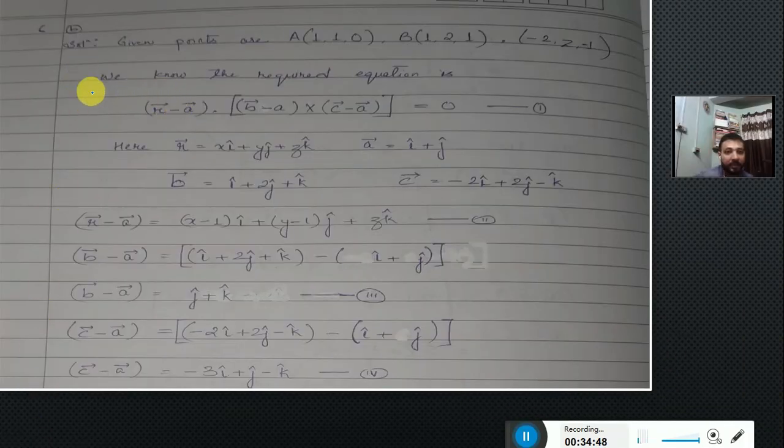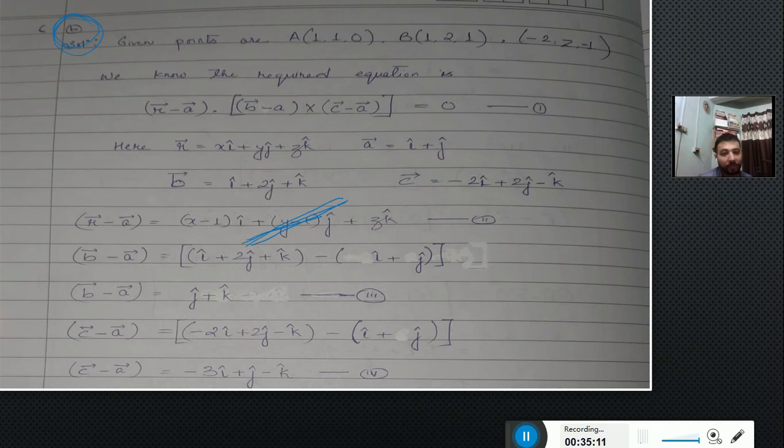Now 6 part B also I am doing, because 6 part 1 was a little different. There we saw that the 3 points are collinear. I already told you while explaining the topic that if 3 points are collinear, then we can have millions and millions of planes through that line. So we cannot get a unique equation of a plane from there.